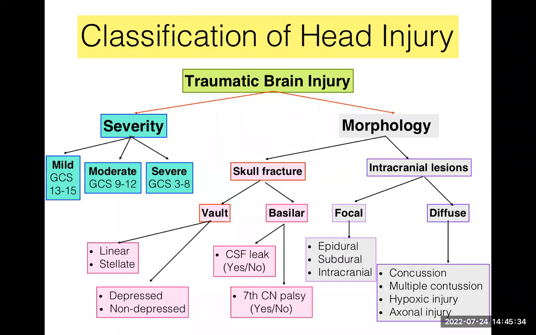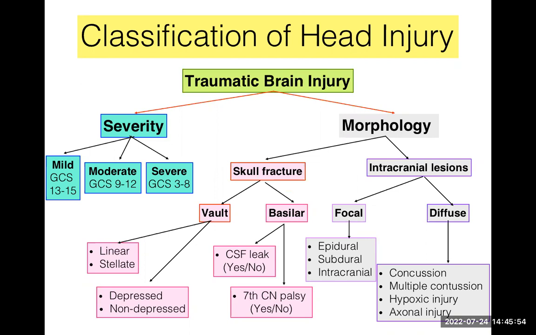Now, for classification of head injury, we can classify based on severity, based on morphology, and another one is based on the mechanism. If we want to classify the traumatic brain injury by severity, we can classify it into mild, moderate, or severe based on the GCS.